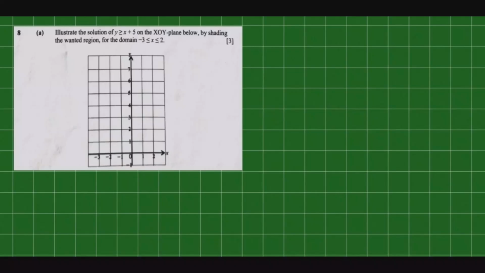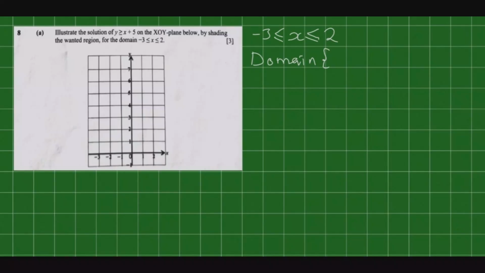So what I'm going to write is the statement that will give us the domain: negative 3 is less than or equal to x, and x is less than or equal to 2. Okay, so this is the statement that will give us the domain. Therefore, the domain will be these. We start now.